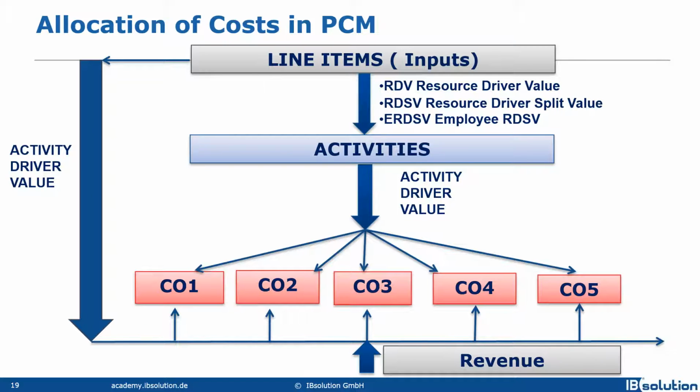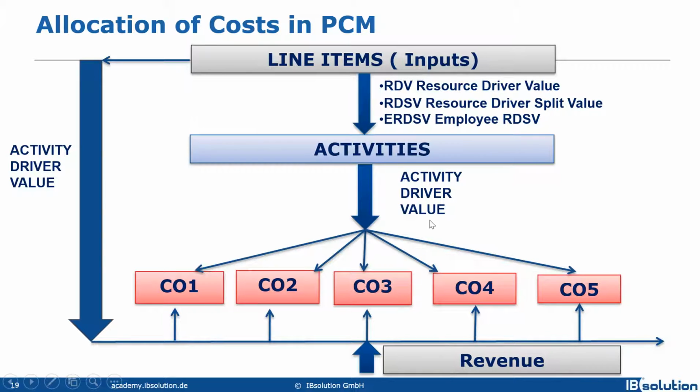So ABC, what's the principle behind it? Well, we have two ways to allocate our costs. One way is we have our line items, and via the resource drivers, we reach activities, and these activities have behind them the drivers for these particular activities or many activities.